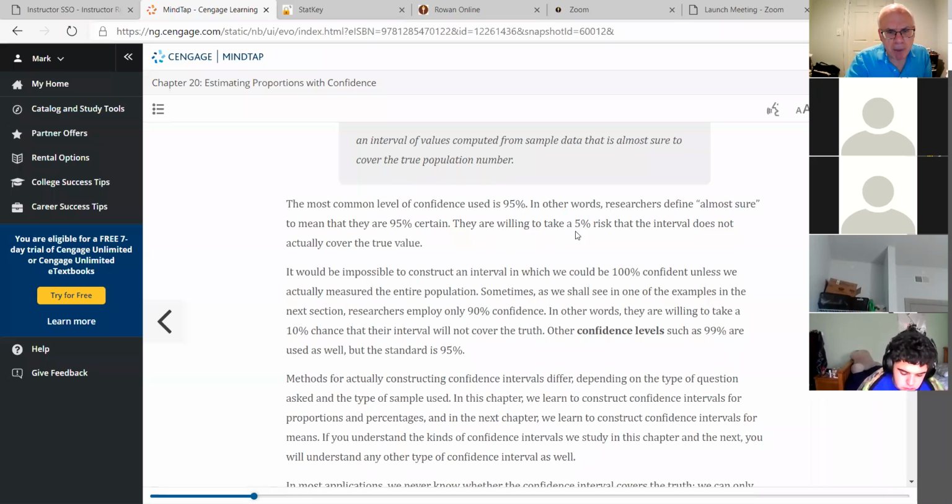you're willing to take a 5% risk that the interval does not actually cover the true value. That's incorrect. That contradicts what I was saying earlier. All right. It's not really a risk in that sense. It's very misleading to say it in this way. What they really mean is that the interval that you come up with could be one of the 5% that do not contain the true value.